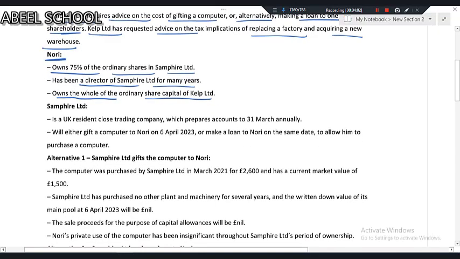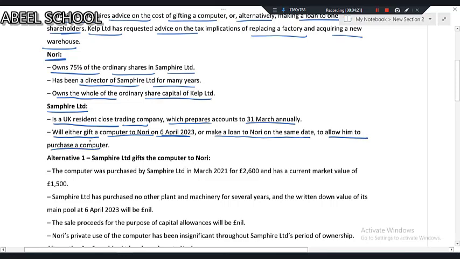Okay. Samphire Limited is a UK resident close trading company which prepares accounts to 31st March annually. It will either gift a computer to Noori on 6 April 2023 or make a loan to Noori on the same date to allow him to purchase a computer.